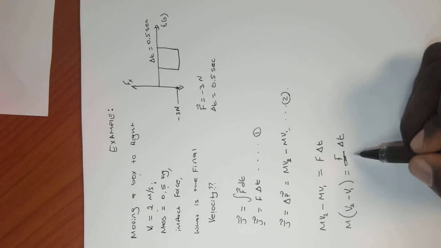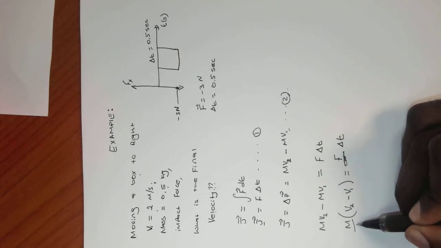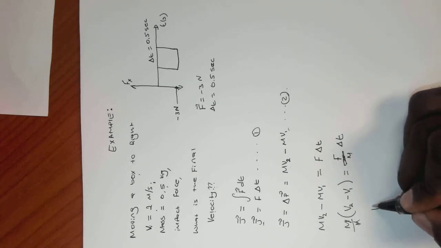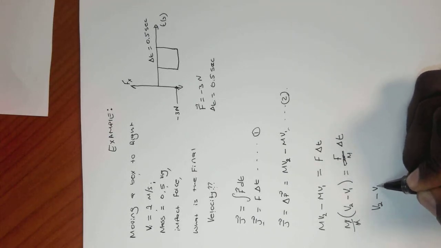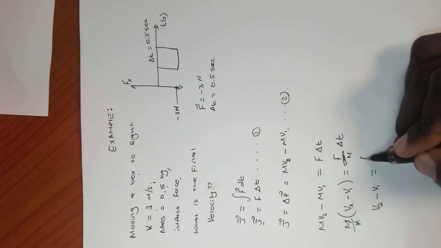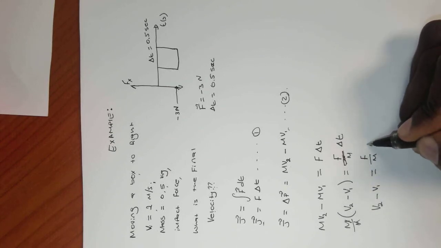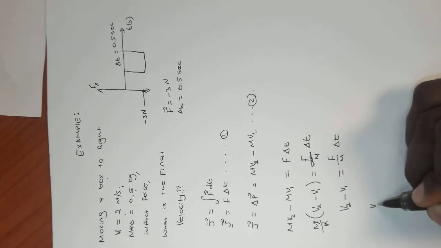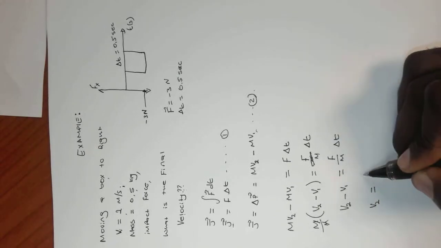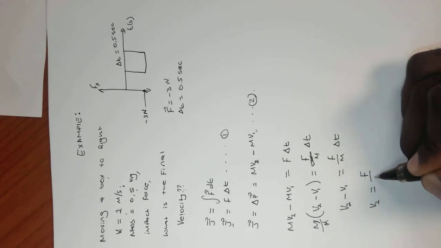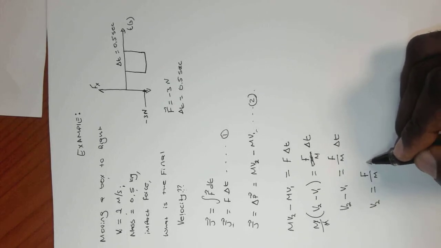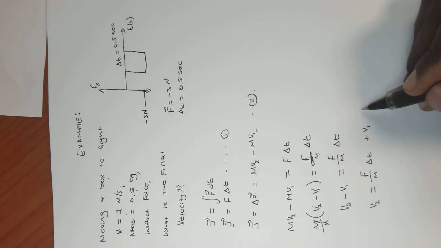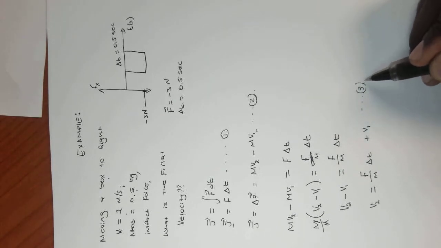We divide by mass on both sides, divide by m, so m and m cancel, you'll be left with v2 minus v1 equals F over m change in t. So v2 is equal to F over m, change in t plus v1. So you have equation 3.